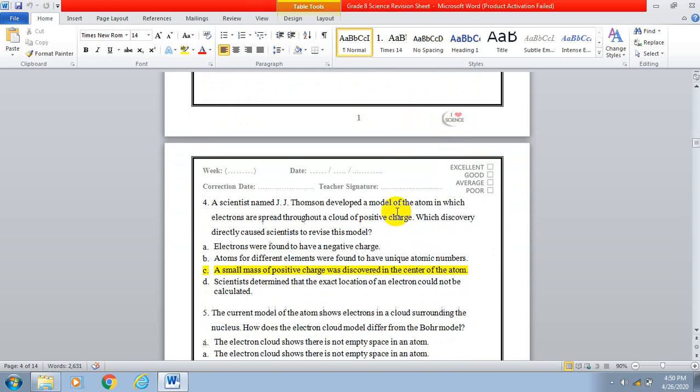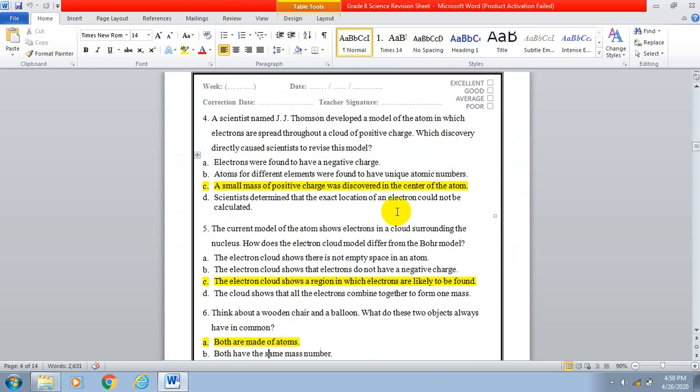Come to the fourth option. A scientist, again, named J.J. Thomson developed a model of the atom in which electrons are spread throughout a cloud of positive charge. Which discovery directly caused scientists to revise this model? A. Electrons were found to have a negative charge.